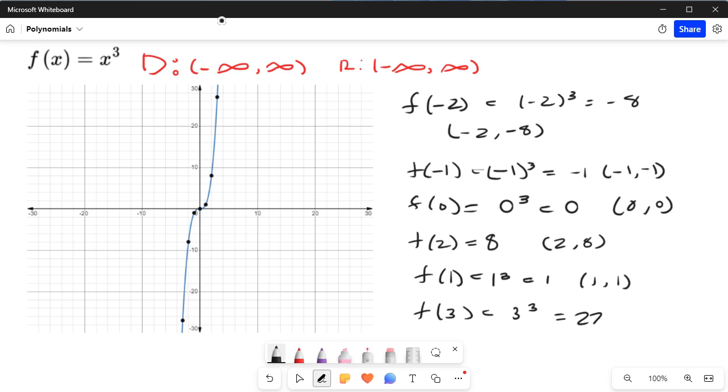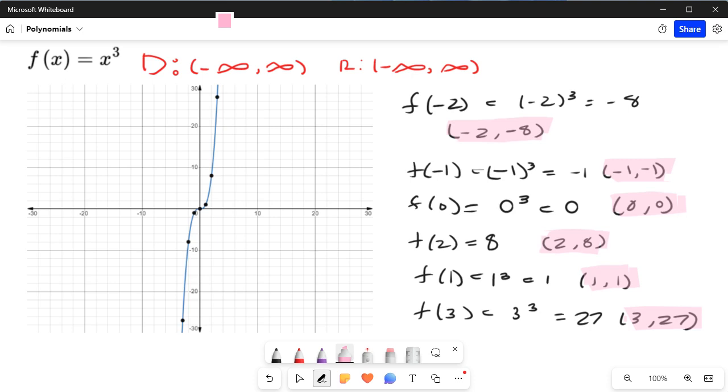If you take the cube root of 27, that's 3. So this would be (3, 27). Here we have a lot of points that we could plot: (-2, -8), (-1, -1), (0, 0), (1, 1), (2, 8), and also (3, 27).